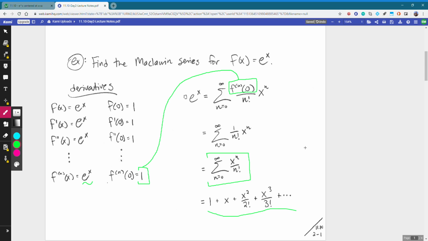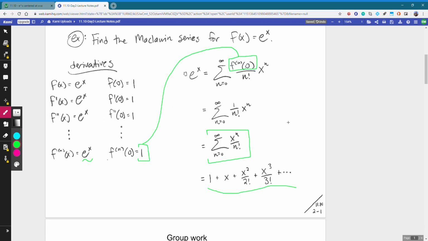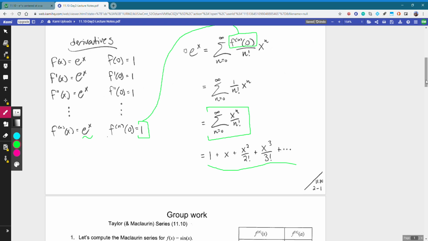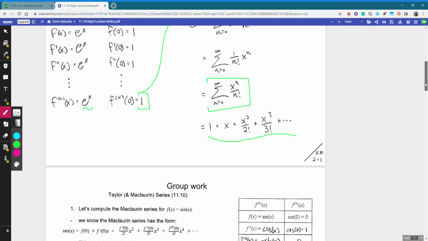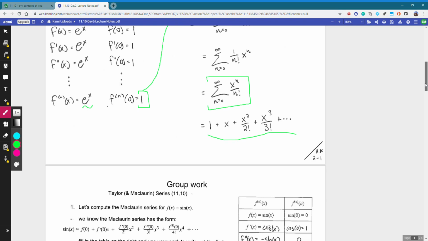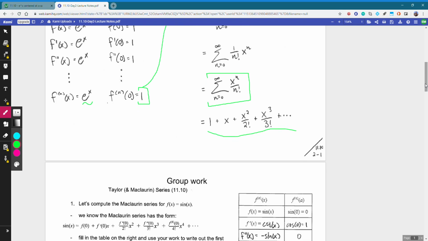And so today, we're going to have a chance to work through this process and find Taylor series for sine and cosine. If you haven't had a chance yet to start working on the power series, Taylor series for sine of x, now is your chance to do that.